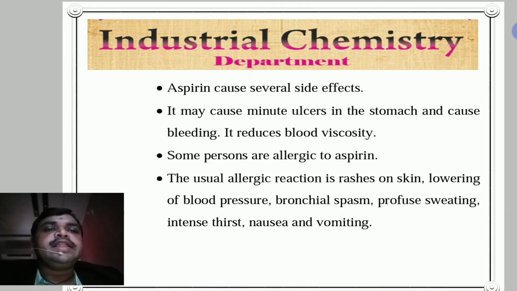The usual allergic reaction is rash on skin, lowering of blood pressure, bronchial spasm, profuse sweating, intense thirst, nausea, and vomiting. These are the bad or side effects of aspirin.